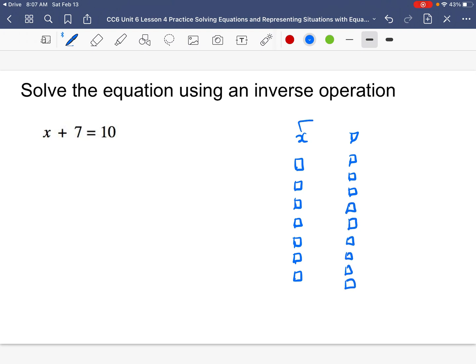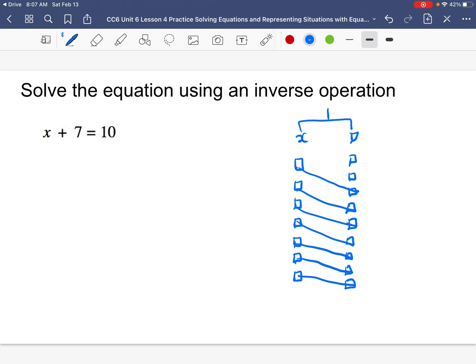And this balances like this. If I want to solve this with the hanger, I can match up 1, 2, 3, 4, 5, 6, 7, and I am left with x equals 3. There are 3 that had no match, because I have to take away the same amount from both sides.